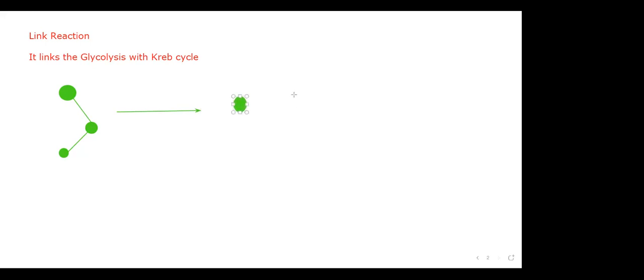So that happens in the link reaction. So 3-carbon molecule, what's the name? Pyruvate. For the 2-carbon molecule, we call it the acetyl group.